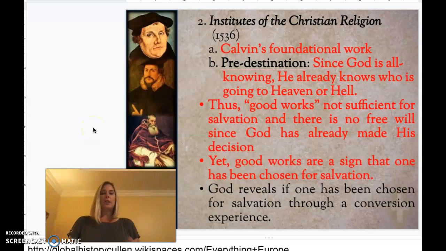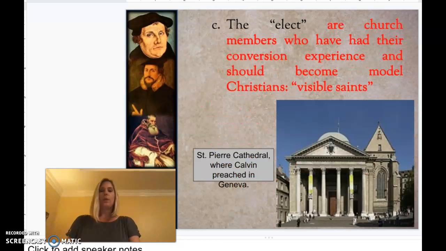Let's take a look now at this sign of one being chosen for salvation. There is a group known as the elect. These are church members who have had their conversion experience, more about that in a minute, and should become model Christians, what Calvin calls visible saints.